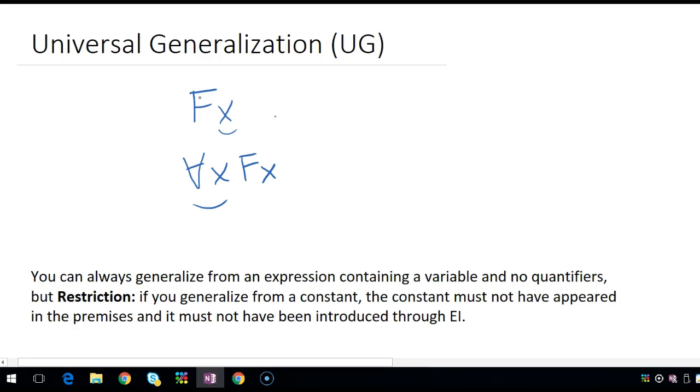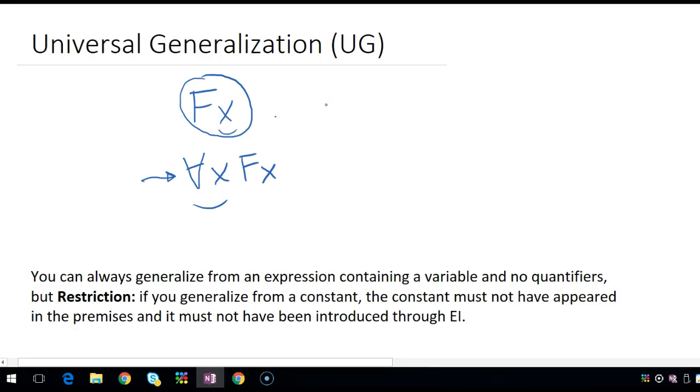But if any individuals have property f, that's a kind of a different way to simply say that all individuals have characteristic f. And so when you have an expression like this, an expression that contains a variable and no quantifiers, you can go from it to for all x, f of x.